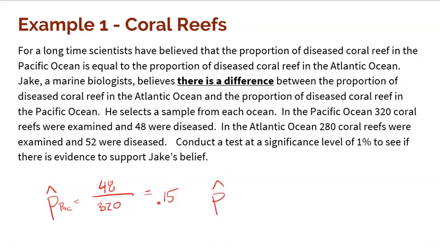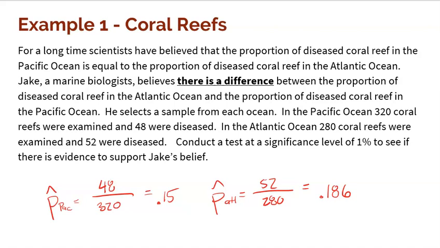Then we had a sample from the Atlantic Ocean, and this was a sample of 280 coral reef, and of those 52 were diseased. So we have 52 divided by 280, and we get not such a nice number, but we're going to round this to 0.186. So about 18.6%. So the first thing that I notice is there is in fact a difference.